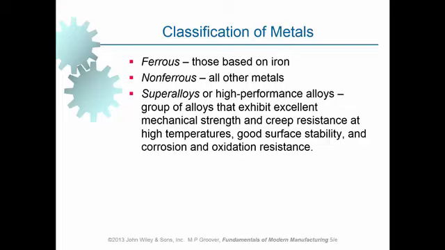And they are the ones that are based on iron, of course. And non-ferrous refers to all other types of metallic materials, pure metals and alloys of aluminum, titanium, silver, copper, and so many other types of materials.